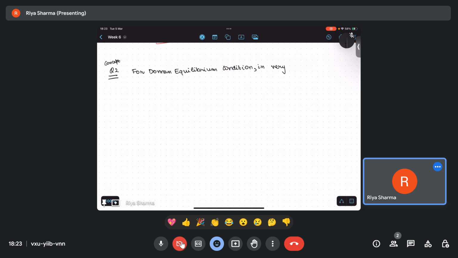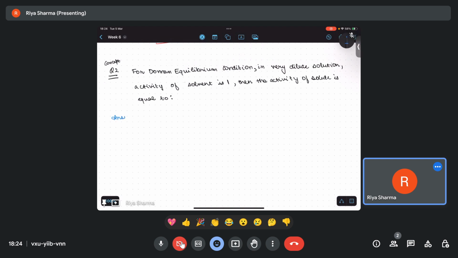In very dilute solution, if the activity of solvent is 1, then the activity of solute is equal to... so this you should remember when the activity is equal to 1.